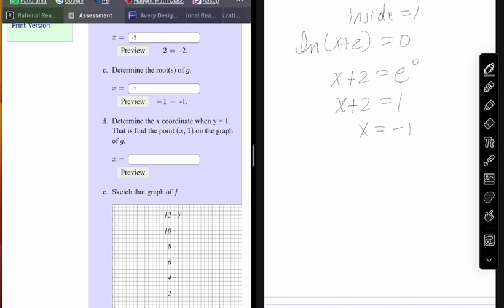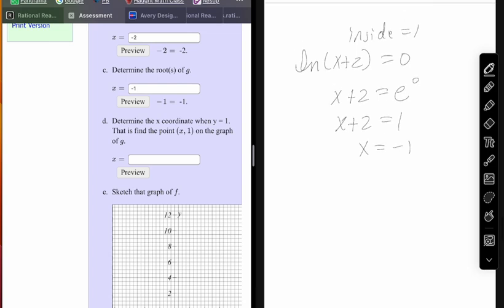And then it says determine the x-coordinate when y is equal to 1. So when y is equal to 1, we're just going to set this equal to 1, because the whole equation is the y.